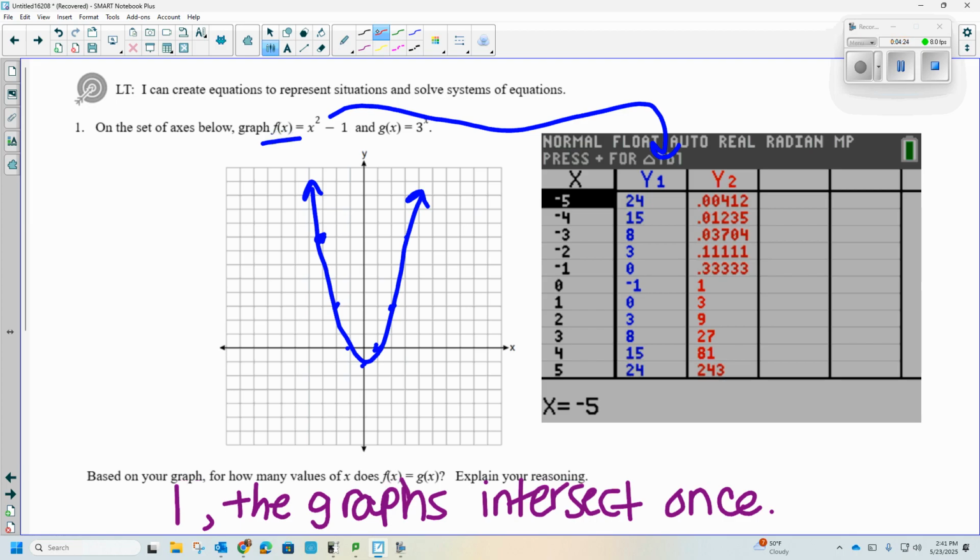Now, these decimals here are all so little, so I'm going to skip those. That's okay to do. You can be smart about your graphing, so I'm going to start with negative 2, and you kind of have to skip over the blue and go here. So negative 2.1, I'm just going to get it as close as I can. Then I have negative 1.33333.